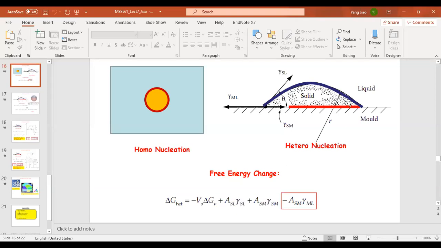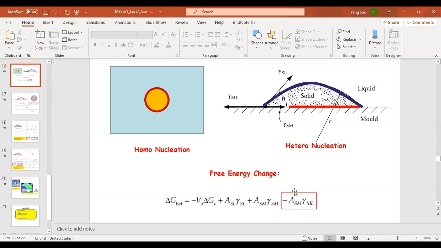For the same reason, because you create the solid, you also create a new interface between the solid and the container, which we call the mold. So you have the solid-mold interface energy, and this also increases the total energy of the system. But the interesting thing is that you're not creating this interface from nowhere. Before you had the solid here, you already had an interface between the liquid and the mold. When the solid replaces the liquid, you simply replace the liquid-mold interface with the solid-mold interface, with the same area.